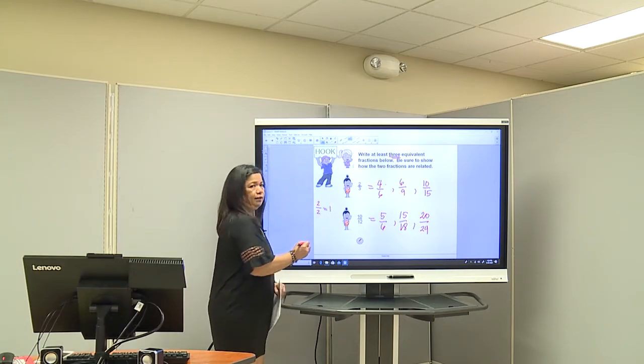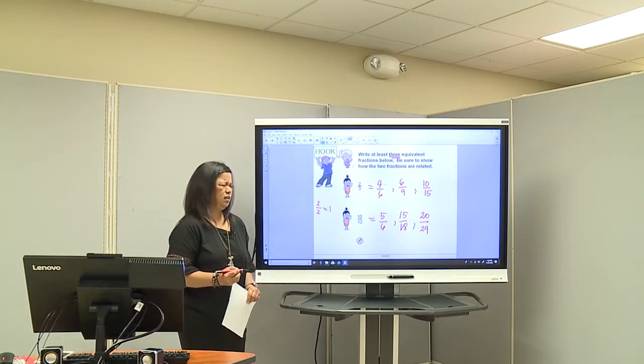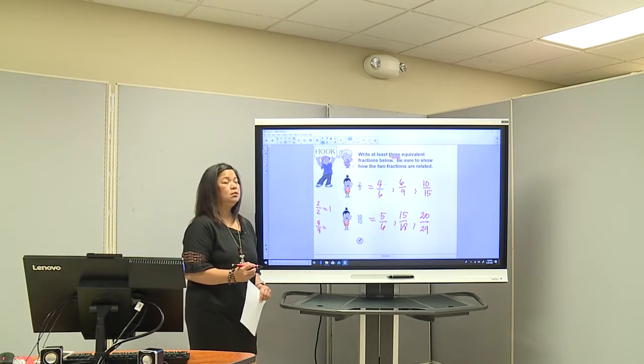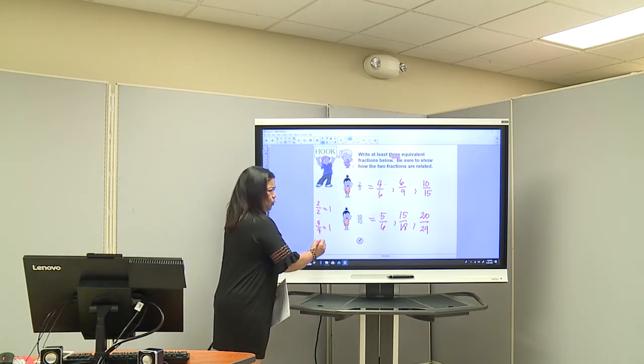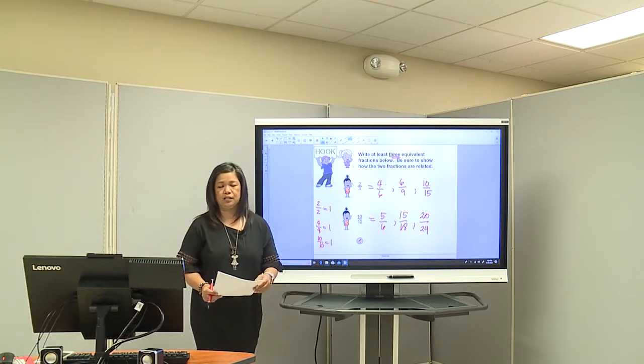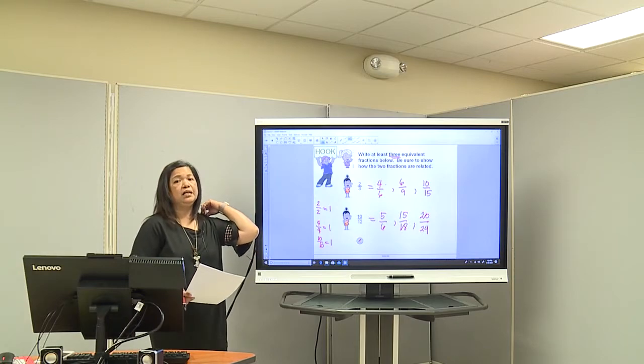It's equal to 1, right? So let's say I have 4/4. What is that equal to? Equal to 1. What about 10/10? Also equal to 1. So any number that has the same numerator and denominator is equal to 1.